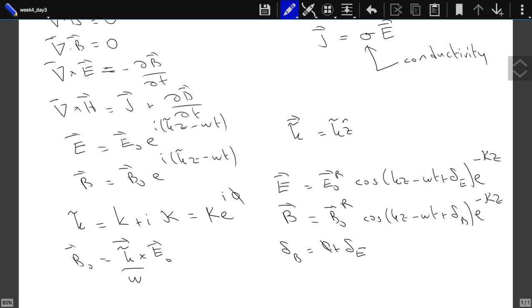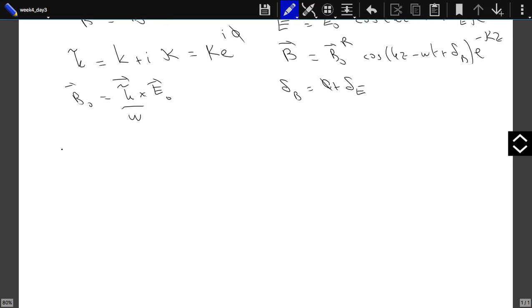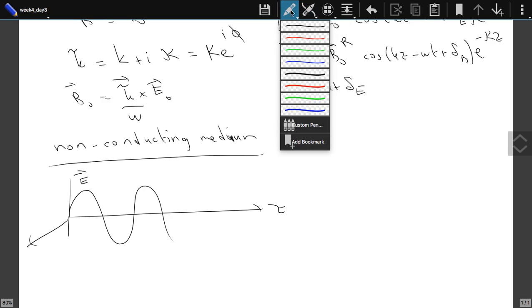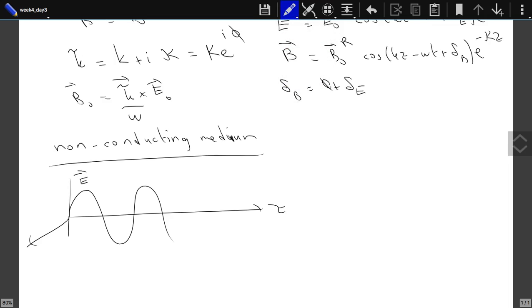So different from the waves in non-conducting media, the magnetic field and the electric field in our wave are not in phase. Physically, what that means is, for example, in a non-conducting medium, let's say this is the electric field, and then this would be the magnetic field.